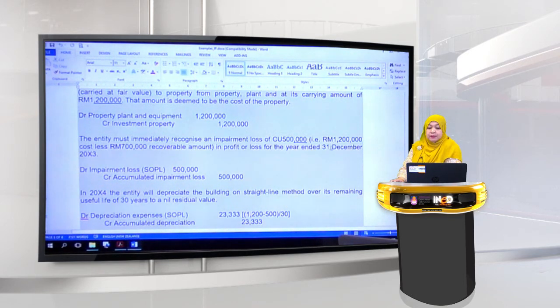When we compare, it results in an impairment loss of 500,000. The impairment loss of 500,000 should be recognized in the profit and loss account for the year ended 31st December 2003. So we debit impairment loss 500,000 and credit accumulated impairment loss 500,000.